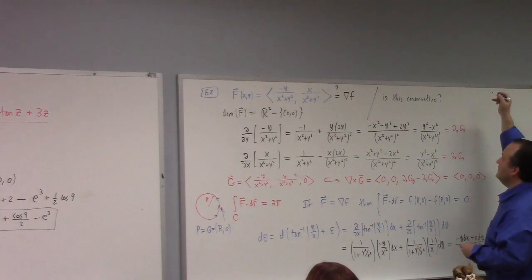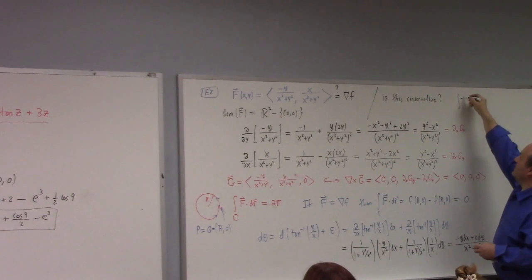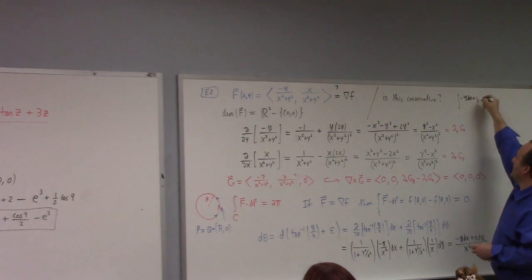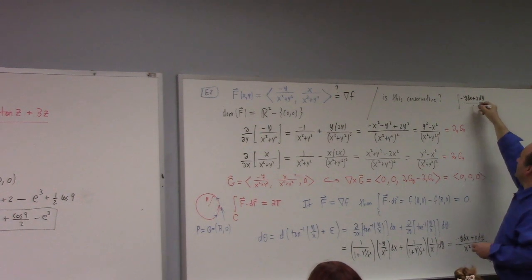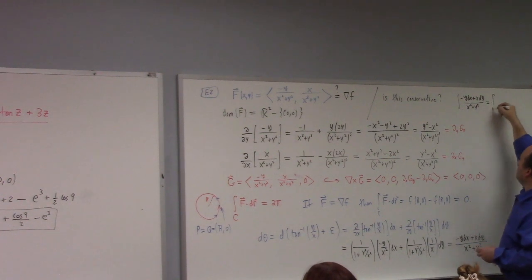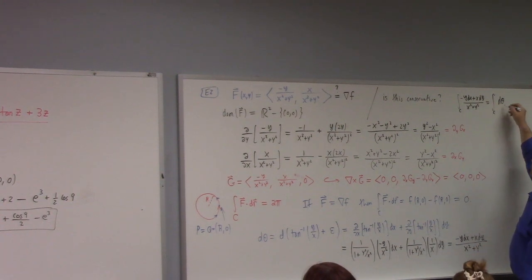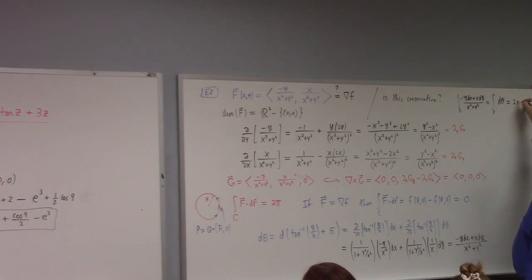So what we have then is that the integral of minus y dx plus x dy over x squared plus y squared is actually the integral over d theta over the curve, right? And that's 2 pi.